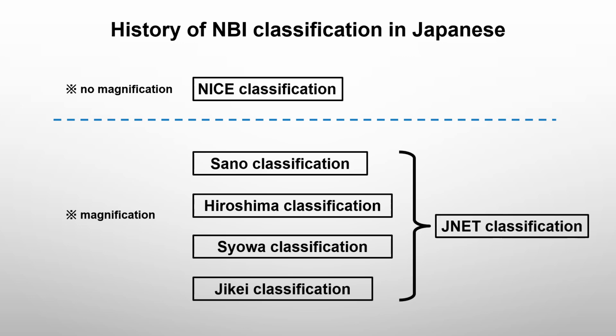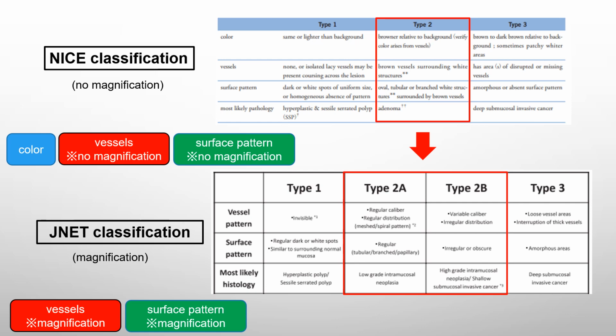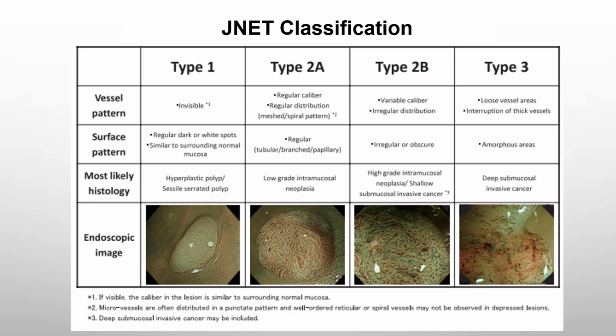And the JNET classification was created in the hope of unifying them. The JNET classification divides type 2 of the NICE classification into type 2A and type 2B. I will explain in detail each type of the JNET classification.